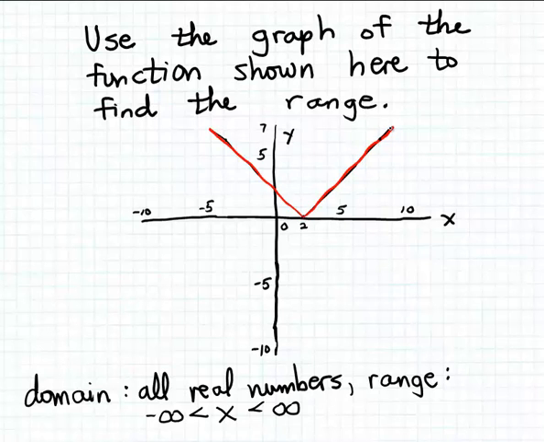Because this graph is not explicitly terminated on either the right or the left with an open or closed dot, what that tells us is that in fact we have to assume that the graph is going to continue indefinitely on both the right and the left.